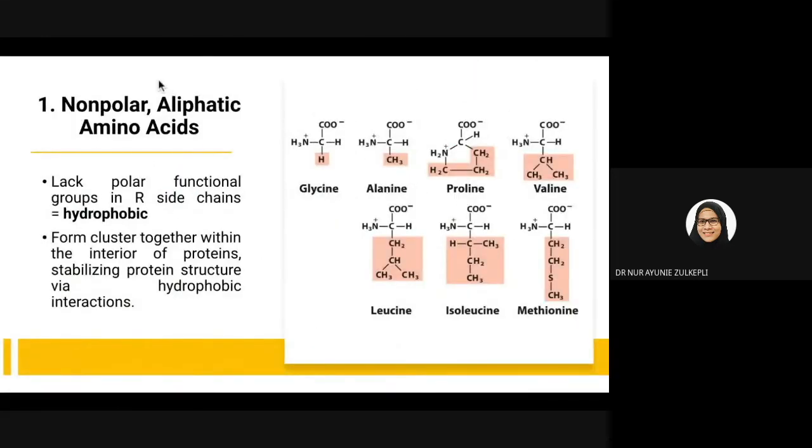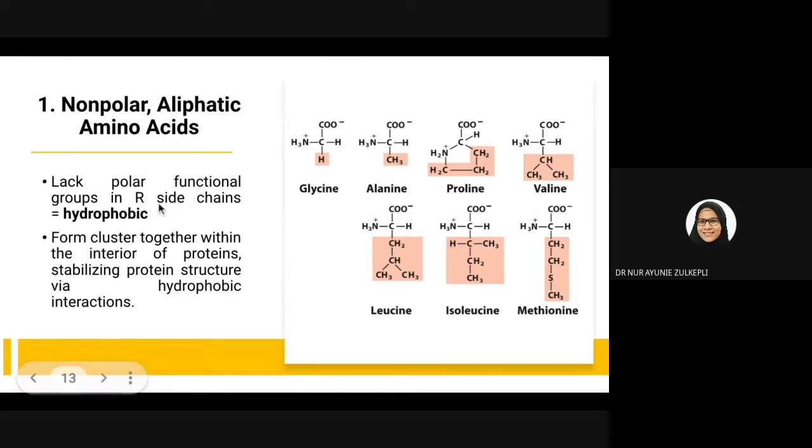Okay, so for non-polar aliphatic amino acids, there are 7 of them, right? Glycine, alanine, proline, valine, methionine, isoleucine, and leucine. So what is it? It lacks a polar functional group in the R side chain, and that is why it becomes hydrophobic.